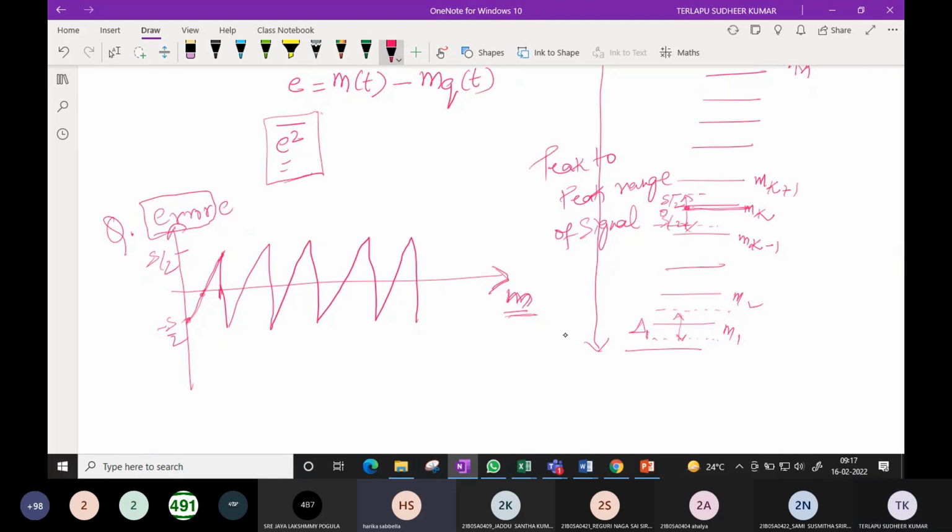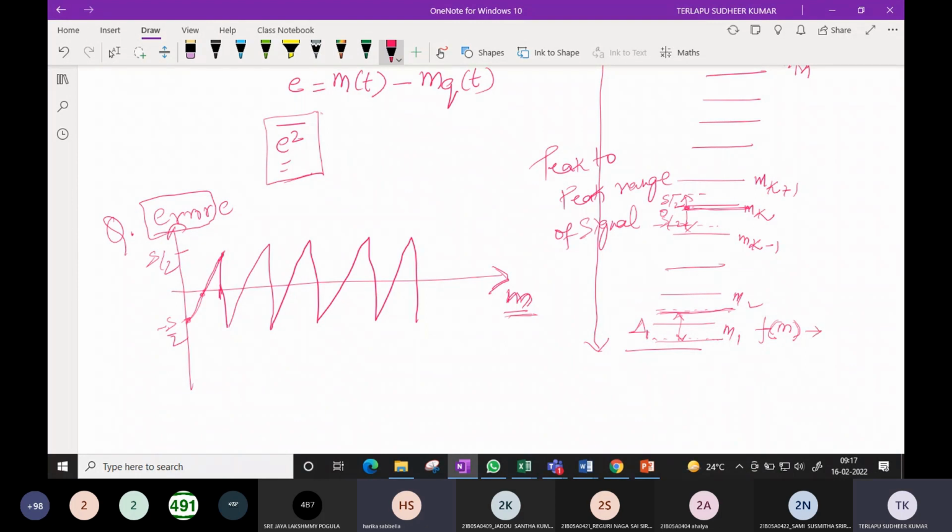So the possibility that my signal is in this region is called the probability of signal that lies in delta 1 region.